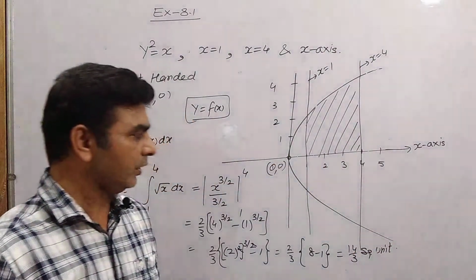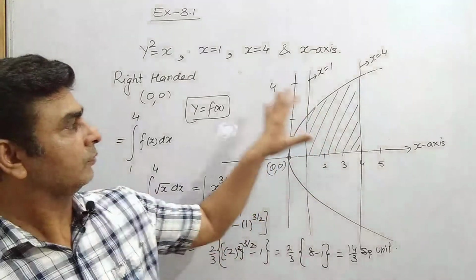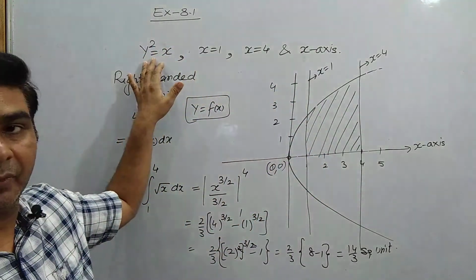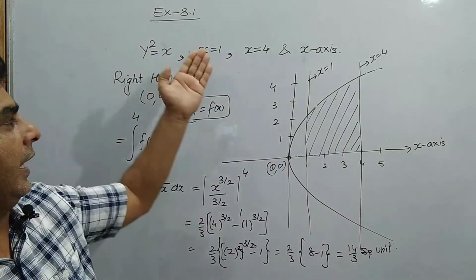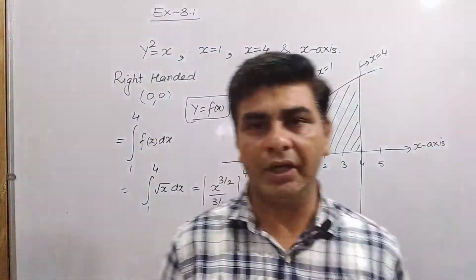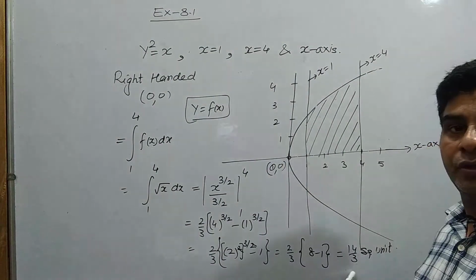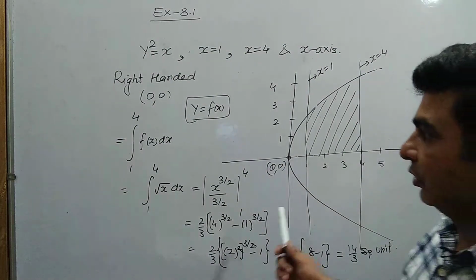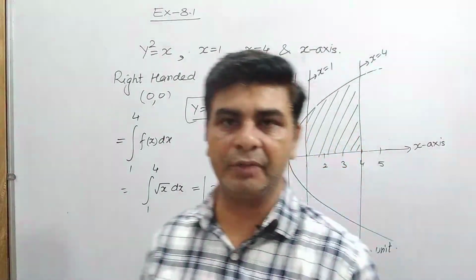So dear students, the area of the region bounded by this parabola y square is equal to x and the lines x is equal to 1 and x is equal to 4 and the x-axis is given by 14 by 3 square unit. So this was the question number 1 from your exercise 8.1.